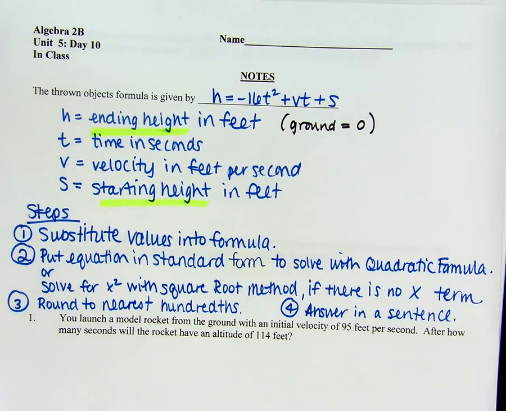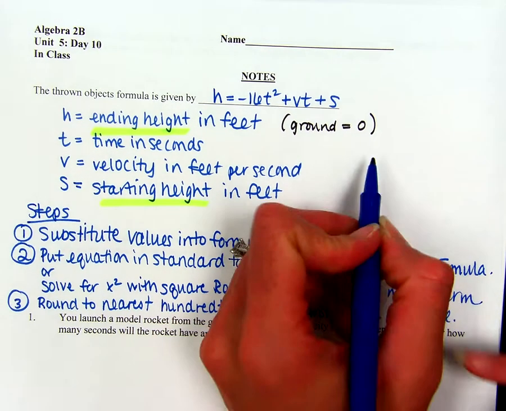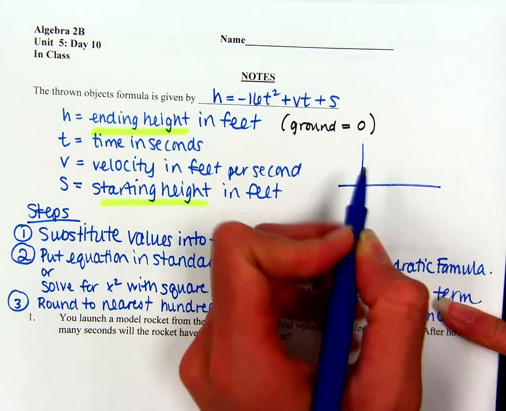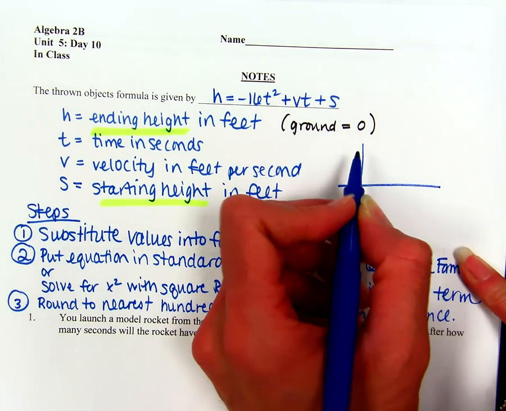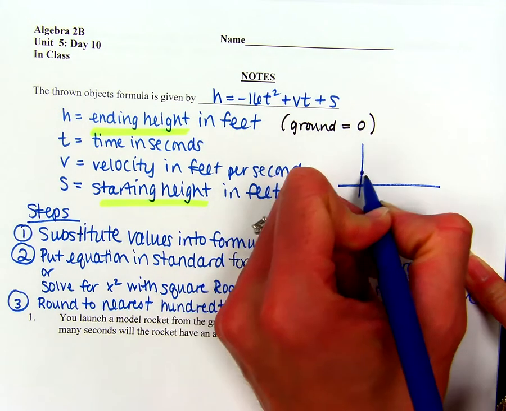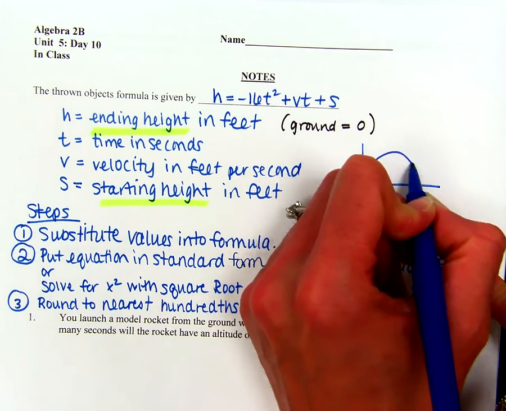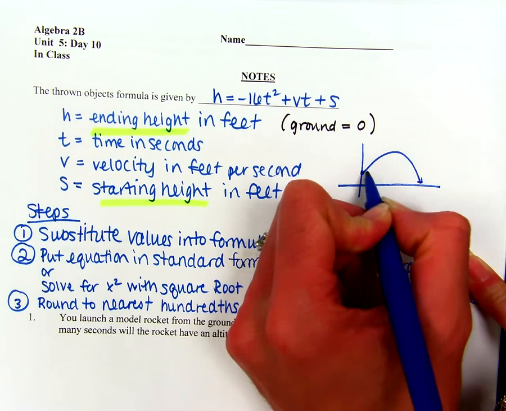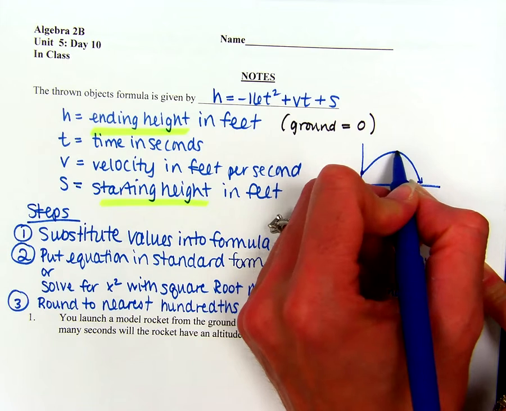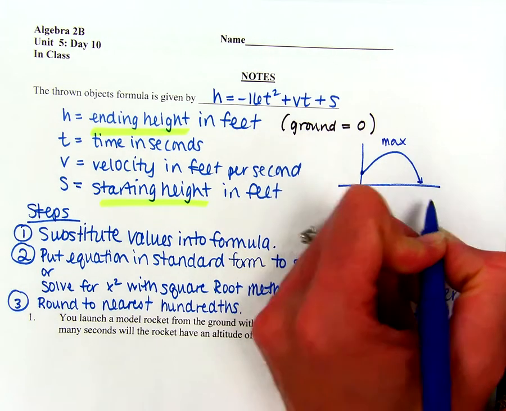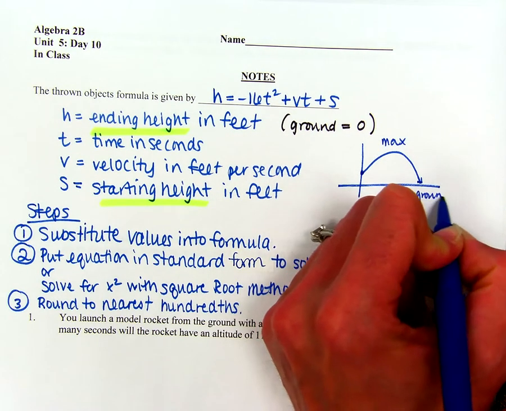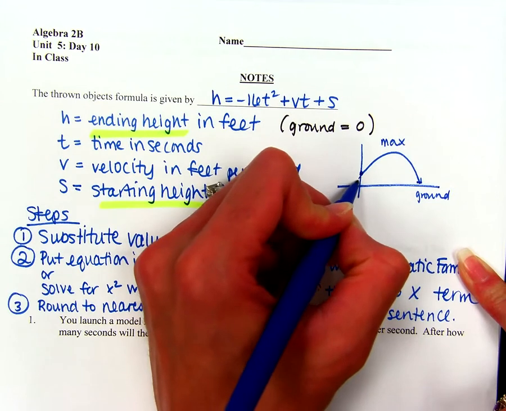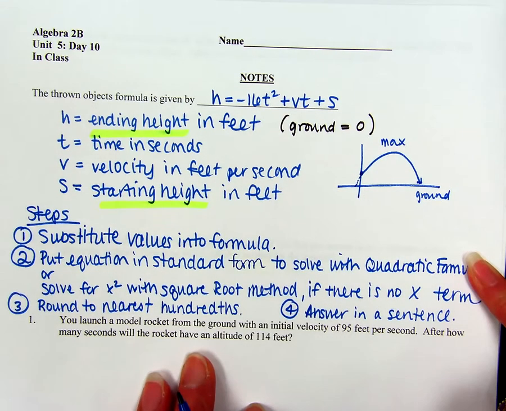So basically it says, if you've got an object that's being kicked or thrown or launched or whatever from somewhere over here, the path of that object is a parabola. So it has a highest point, here's the maximum point, and eventually it's going to land somewhere on the ground. The rest of the parabola would continue here into the negative area.